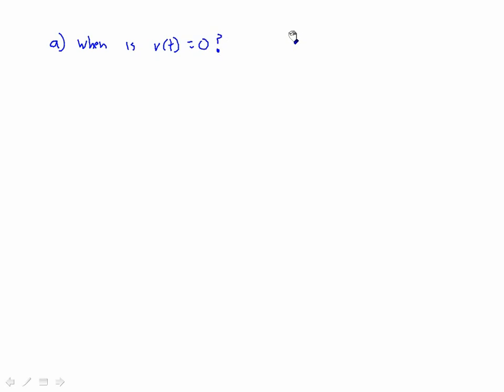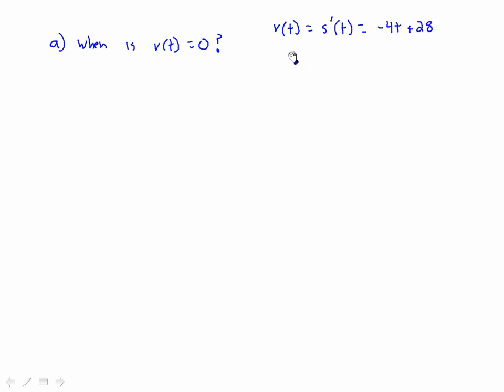Given that we're provided with the position function, it makes sense to recognize that the velocity function is equal to the derivative of the position function, so s prime of t, which is equal to negative 4t plus 28.